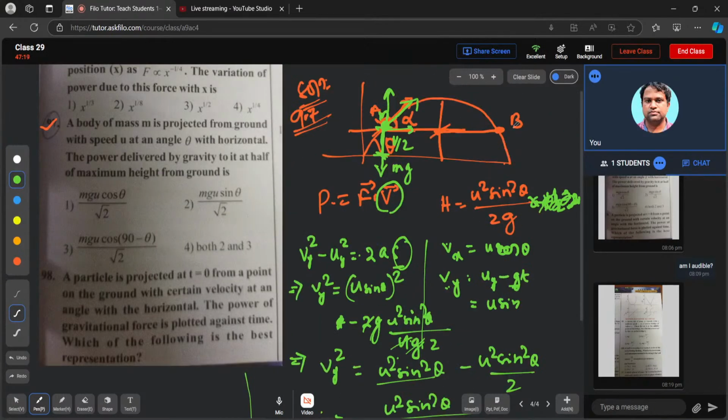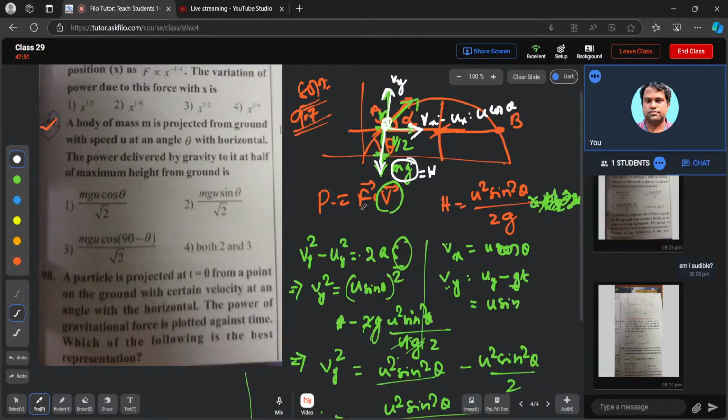So what we are getting at this point is that velocity along y direction is Vy, and mg, the gravity, is dragging it downward due to its weight, and there is a velocity component to the right side which is Vx, that is ux, which is u cos theta.